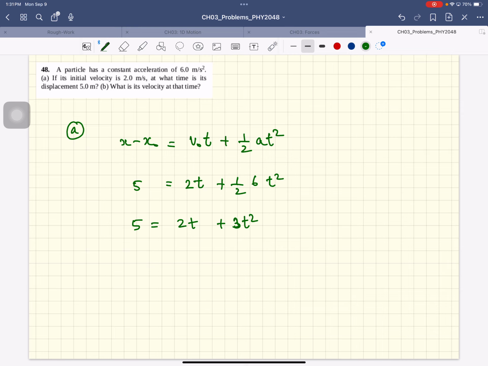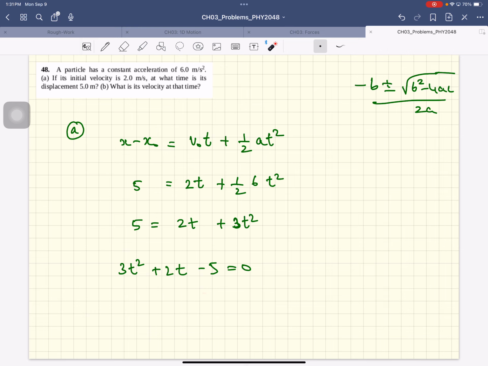So you want to solve this quadratic equation. And you guys know the roots of the quadratic equation. That is, this equation has two solutions.